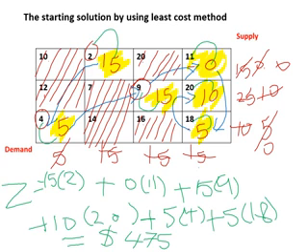Now again, here in the least cost method, we move from one cell to another by seeking the least cost, and we can move in diagonals and we can go backwards. It's no problem, but be sure of your calculations.